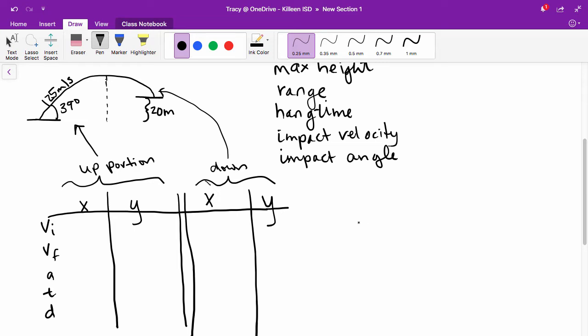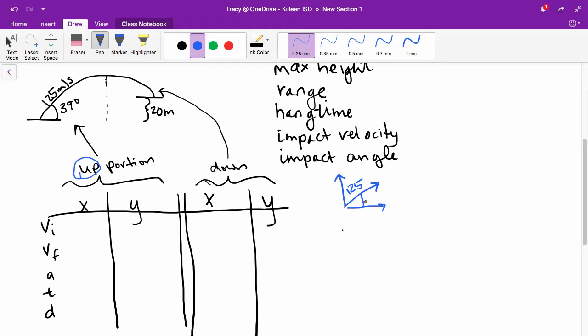Okay, so the first thing we're going to do is figure out our angle and our x and y components of our velocity. So we have our 125 meter per second vector, and we need to break that down into the x portion and the y portion.